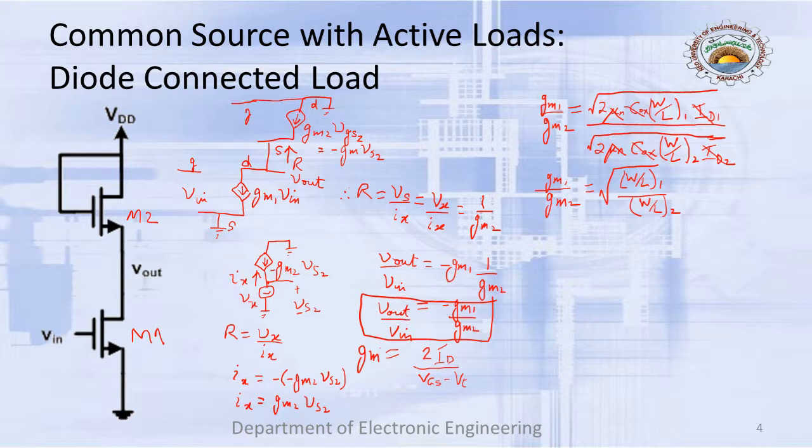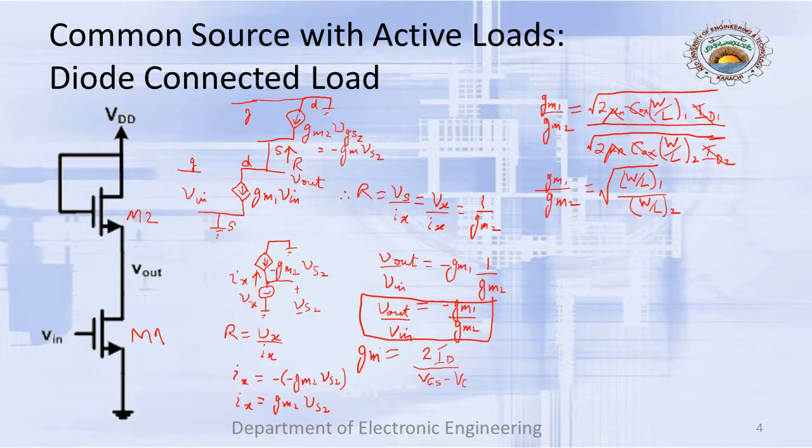which would be equal to, I would say, it goes like this: it is going to be 2 mu n Cox W by L, and if we're talking about the first transistor, that's going to be W by L of 1 times ID of 1, divided by 2 times mu n Cox W by L of 2 times ID of 2.